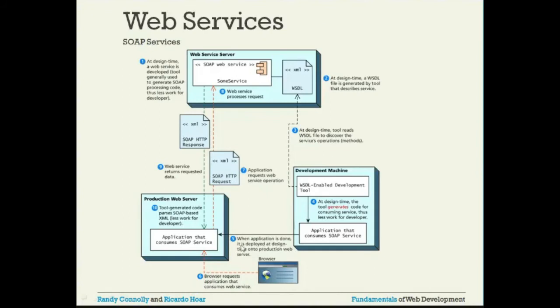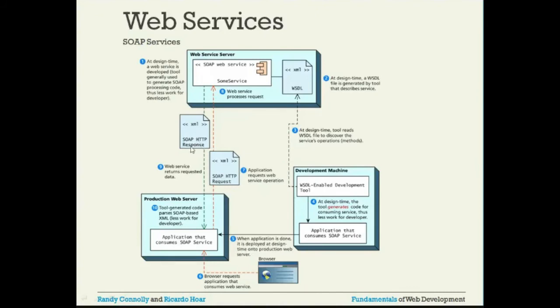When the application is done, it is deployed into the production environment. So from the development environment, this application is deployed into a production environment. Now you can see the browser, there is a request to the application that consumes the web service. The web service request will be sent to the web service server as a SOAP HTTP request, and once this request is received, it is processed and a response is given as a SOAP HTTP response.